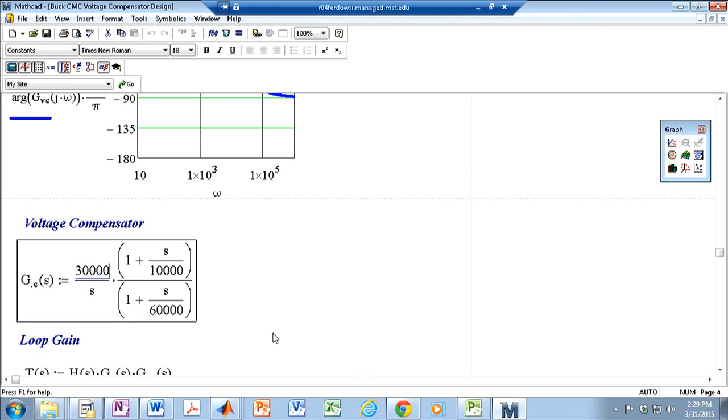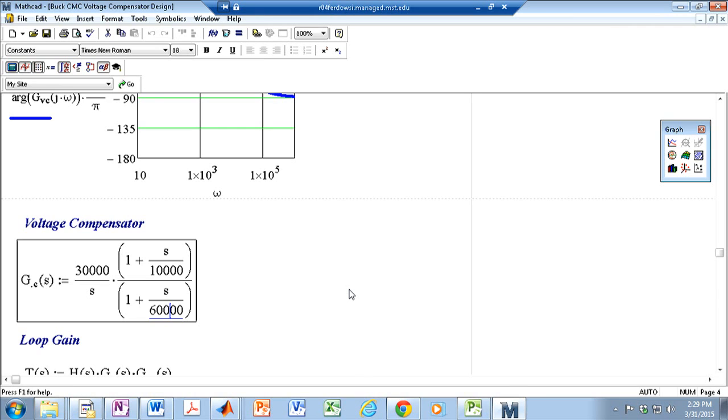Remember, we still need 1 over S, which is an integration block, to eliminate the steady state error. We have some gain in this particular case. My gain is 30,000 whatever. And there is a 0 as well as a pole. So the 0 is at low frequency, the pole is at higher frequency.